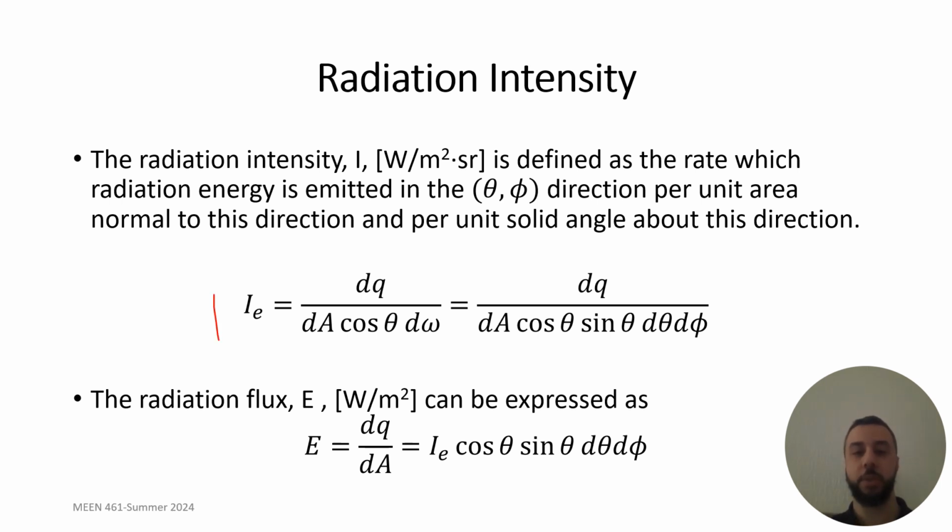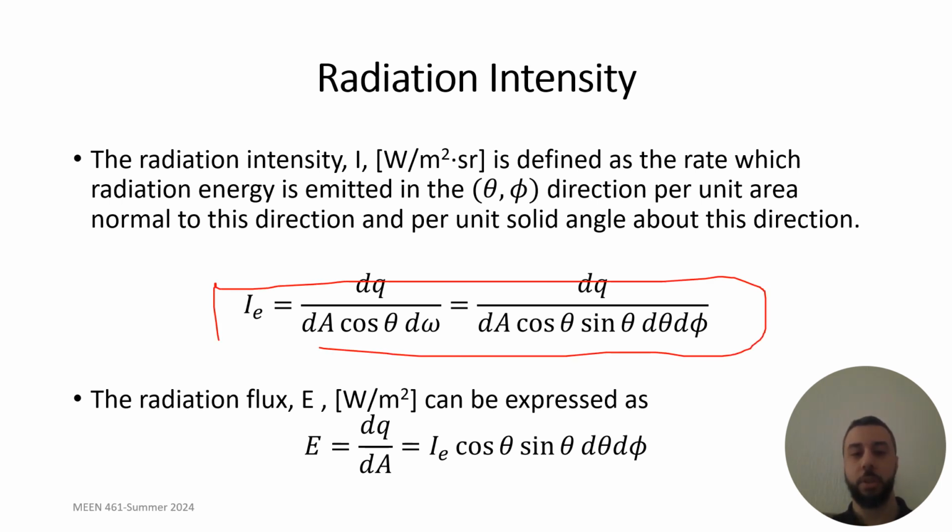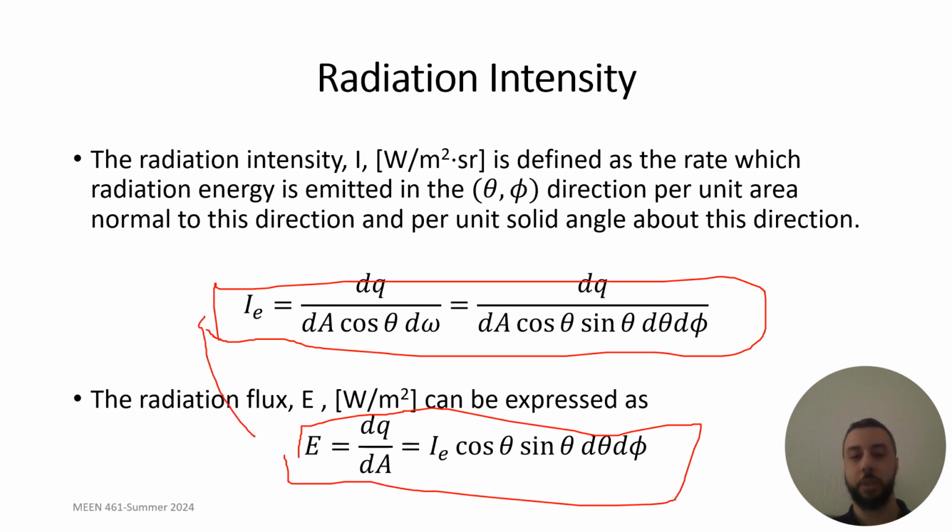And that gives you this equation. And the radiation flux, which is E, which is dq over dA, we can get by rearranging this radiation intensity equation to get something like this. So this would be your radiation flux. And you can see how it depends on the directions.